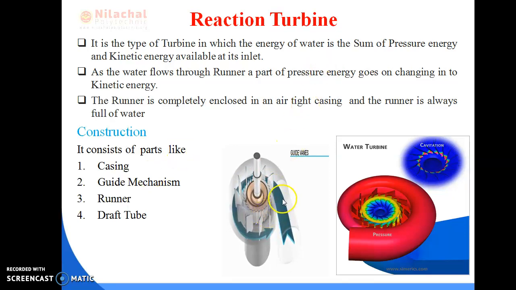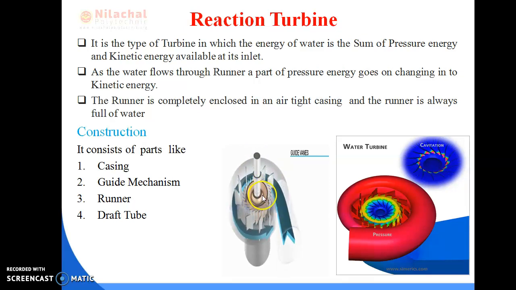As shown in the animations, we have seen that the casing of the reaction turbine is of spiral shape. The bigger blades are known as the guide blade mechanism. The circular part is known as the shaft of the turbine unit.